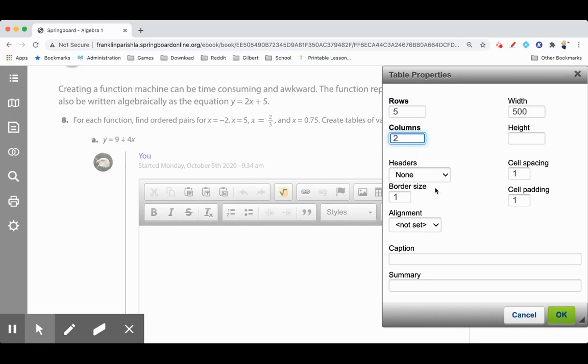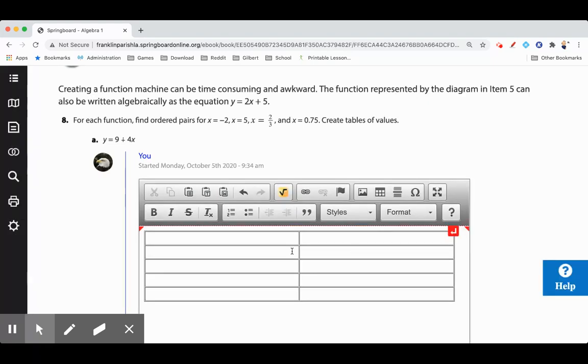We want 2 columns, input and output. Input, output. We'll put in -2, 5, 2/3, and 0.75. And let's see what we get when we do this.